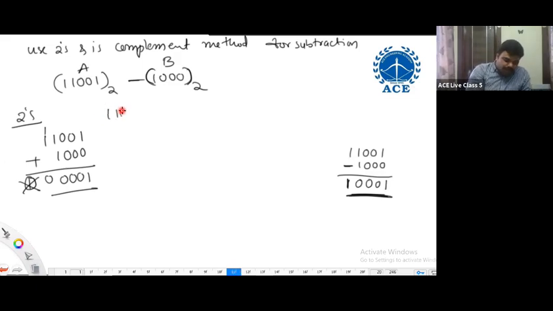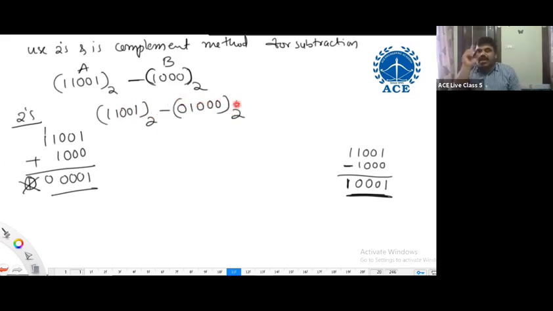A is 11001 binary minus 01000 binary. Making equal number of bits can guarantee the result. Here we haven't done that. That is the reason it is giving wrong result. Some of you have written that 00001 is the difference, which is wrong.